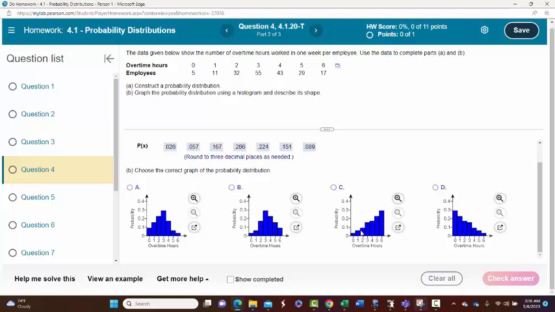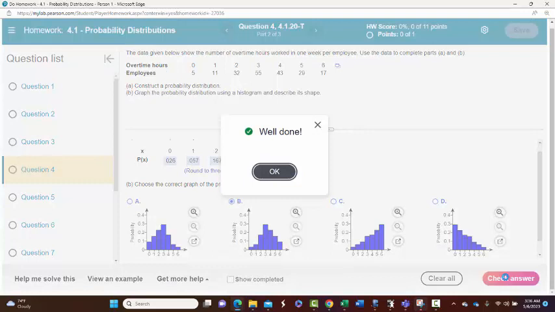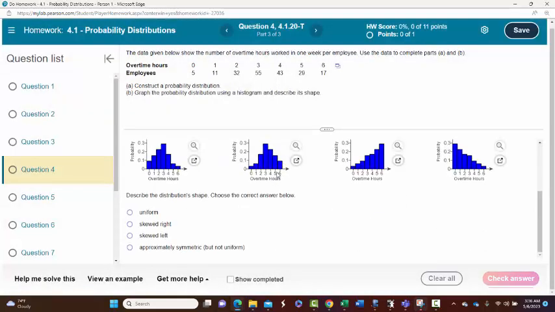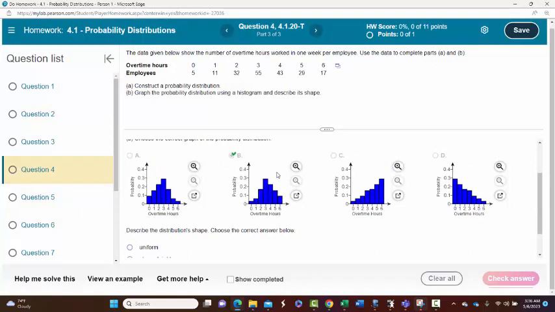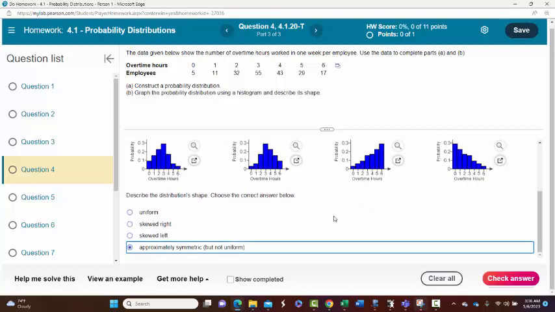Yeah, see the 2 is too low for answer C. That's about 0.167 right there, so this has to be it. That looks kind of symmetric. It's not clearly, blatantly skewed, certainly not uniform.